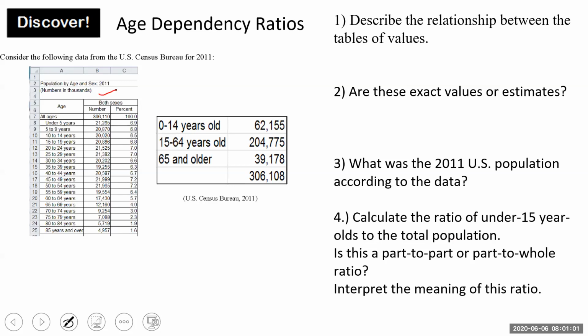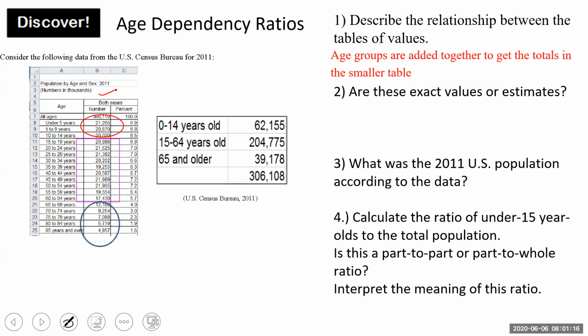So these numbers you see right here are in thousands. Now consider the following data from the US Census. So this is data from the US Census Bureau for 2011. Now let's see that. So ages 0 to 14, if we put the ages 0 to 14 together, we have a total of that. We put the ages 15 to 64, that gives us that total.